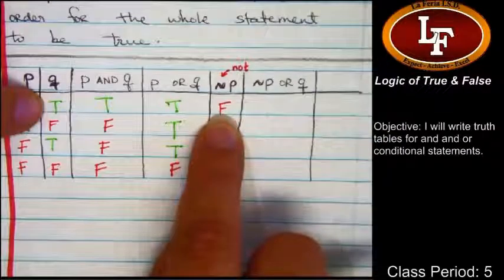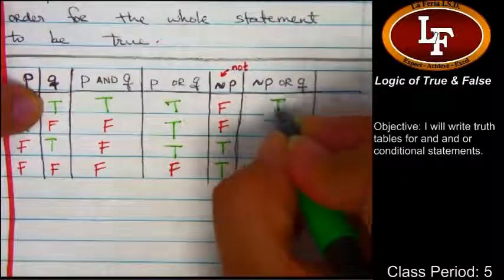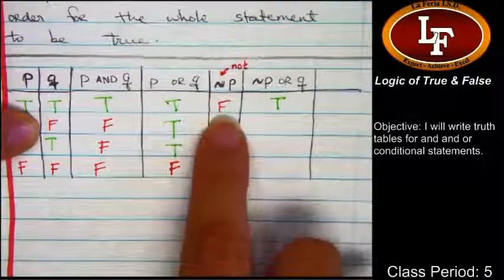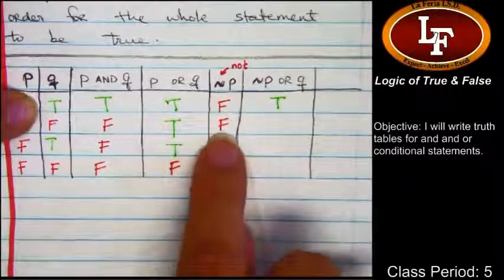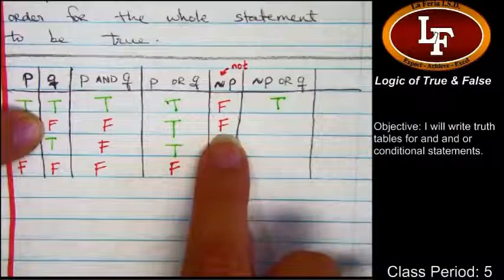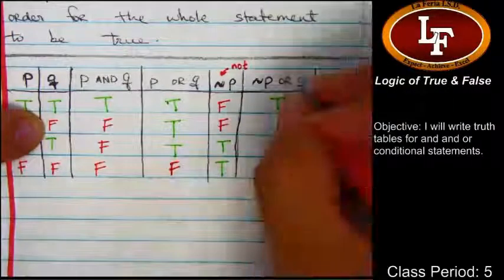In this case, Q is true. But it doesn't matter. One was true. It's an or statement. The whole thing's true. In this column, not P is false, Q is false. So the or statement is false because they're both false.